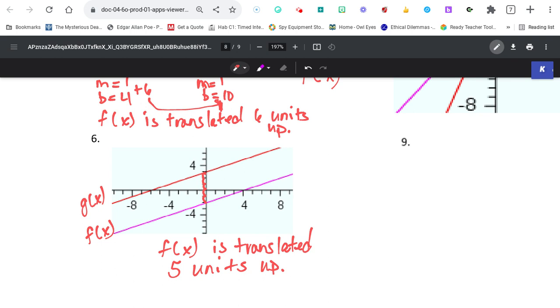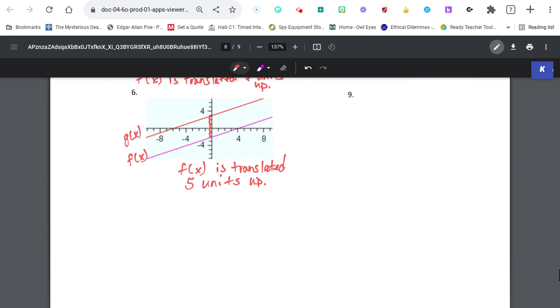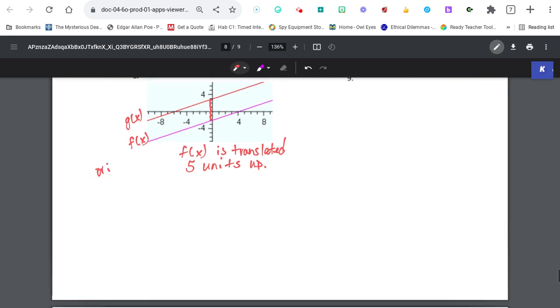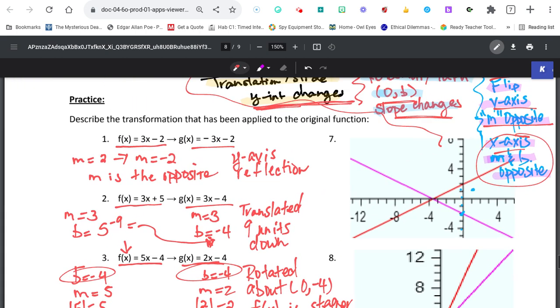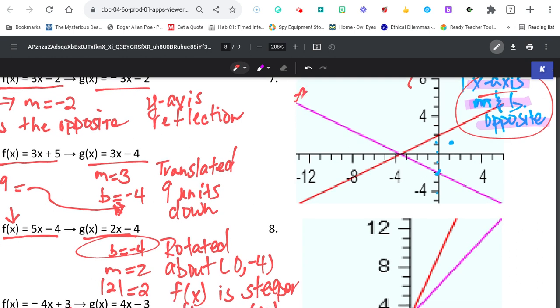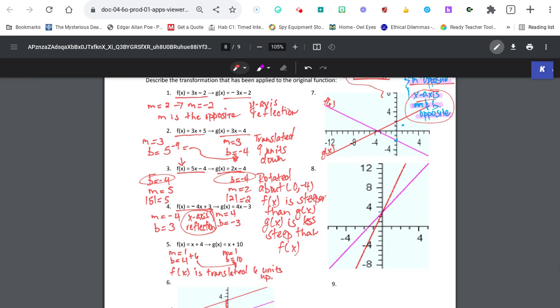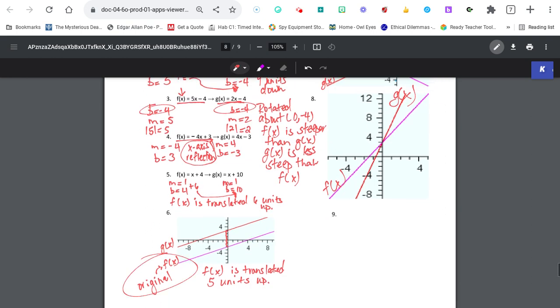And we'll say the purple line is f of x, which we'll say is our original function. Let me go ahead and label these. So we're saying f of x is going to be our original, okay?